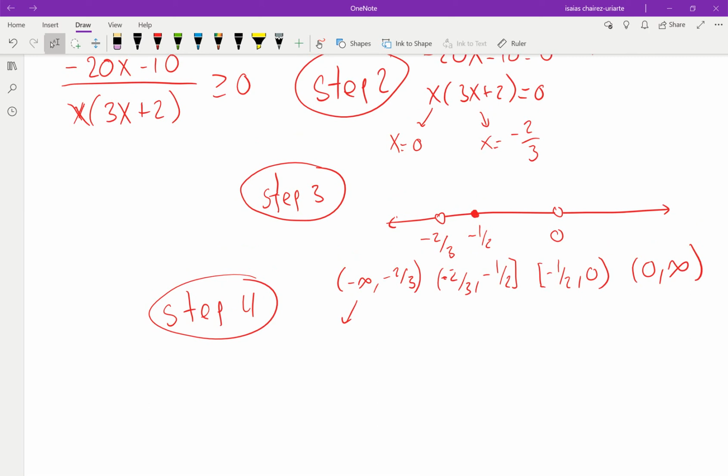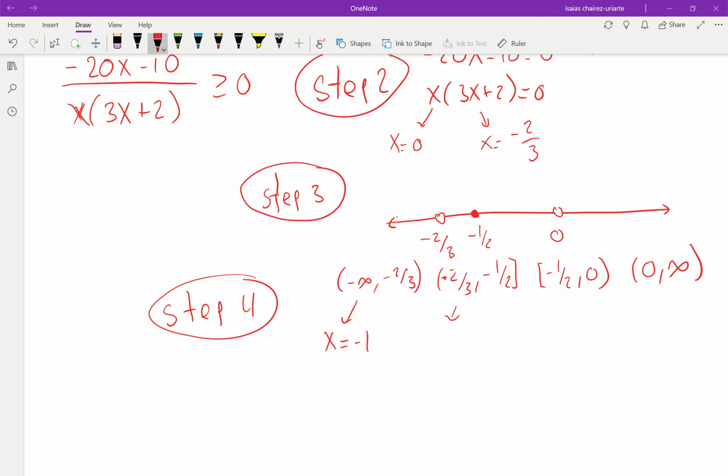Let me think of something on the interval negative infinity to negative 2/3. I'm just going to say x equals negative 1. Something on the interval between negative 2/3 and negative 1/2, that's like negative 0.666 all the way to negative 0.5. Well, what about negative 0.6?